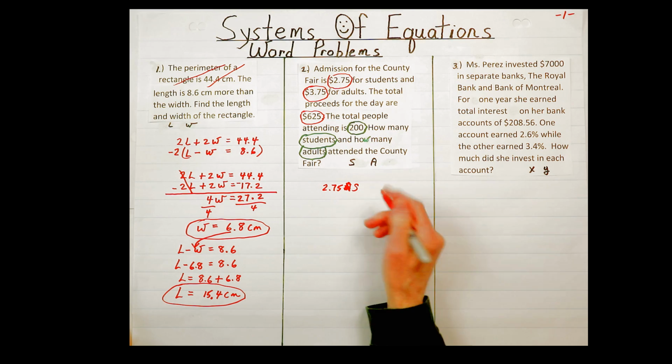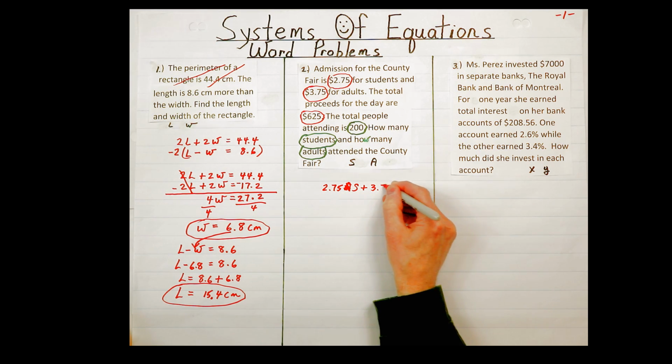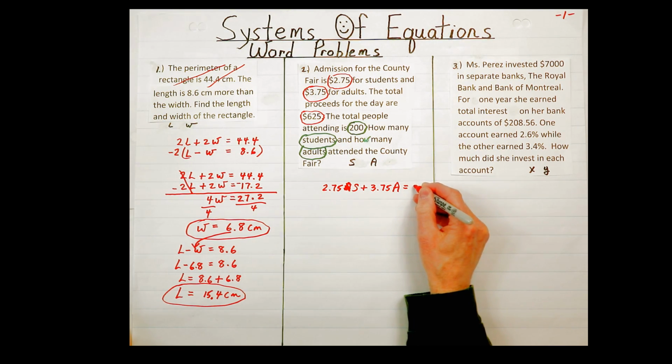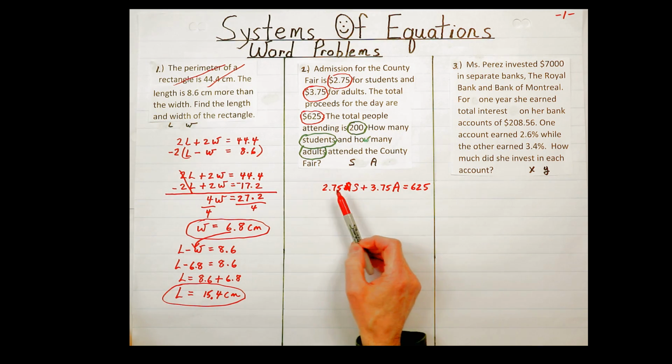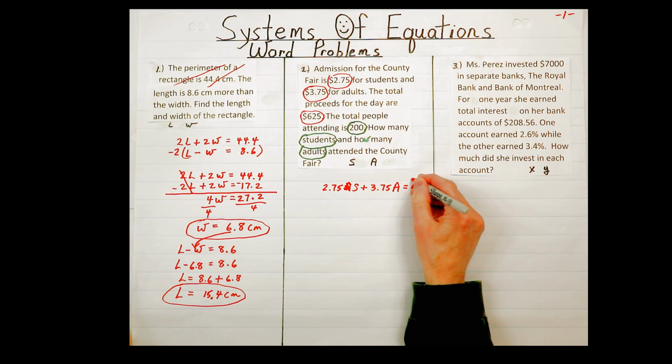Usually students don't have to pay as much as adults because students don't have as much money. Plus $3.75 for an adult equals, now what's the total for this? $625. So this total amount has to do with money.